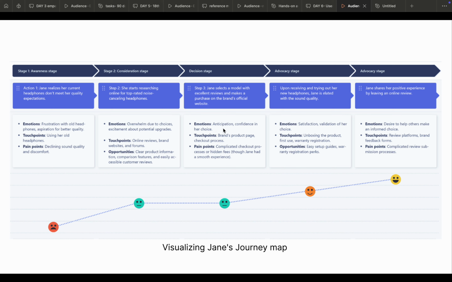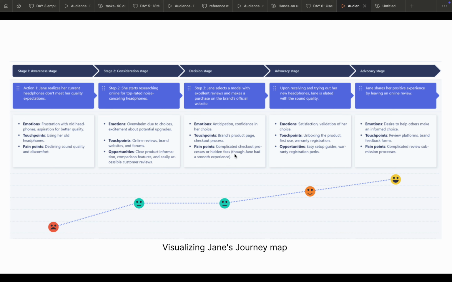So she is making her purchase in this stage and she is also confident with her choice. The touch point here is that she is in the brand's product page and she is clicking the checkout process.